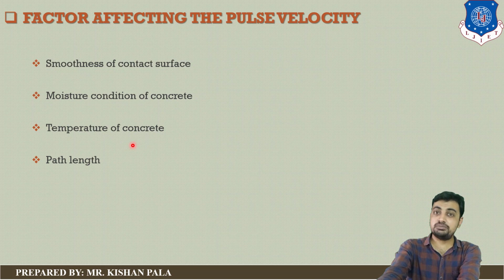And next one is path length. The path length should be sufficient to give you an accurate result in this test. For example, if you are measuring a small element, such as a beam or column with a dimension of 300 mm, this will not give you an accurate result.